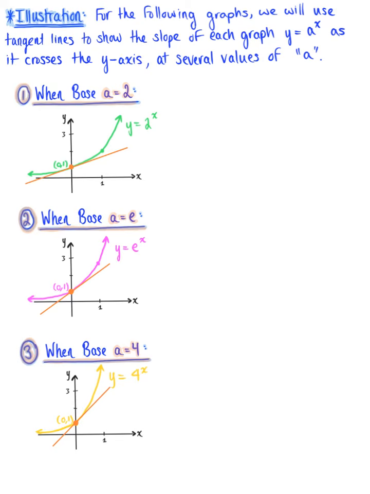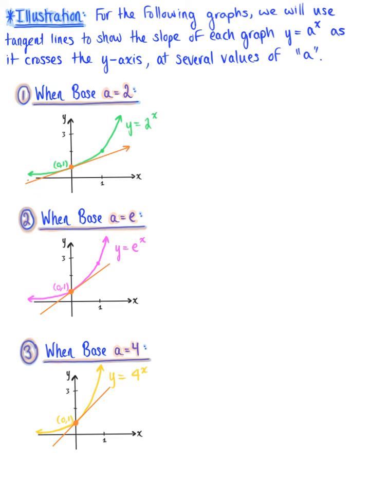So, looking at these 3 graphs, again, notice that as the base of the exponential function gets larger, the graph of the exponential function gets steeper, which we can now more clearly see by observing the tangent lines at these points.